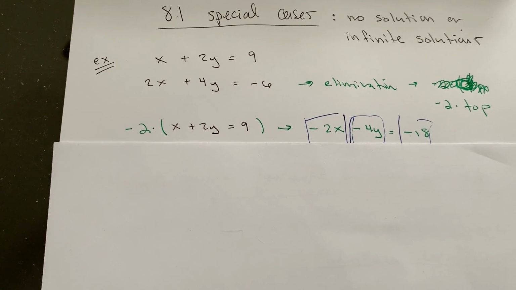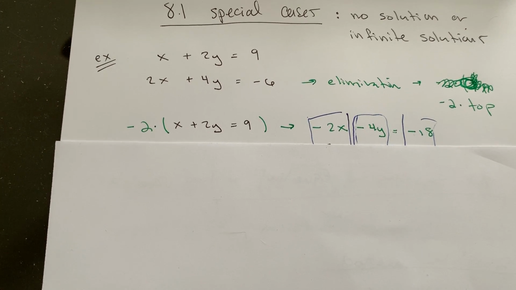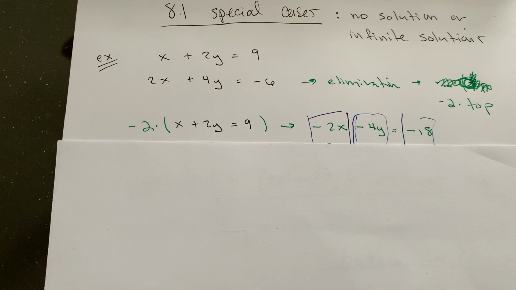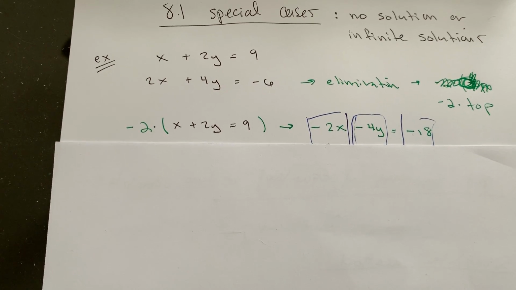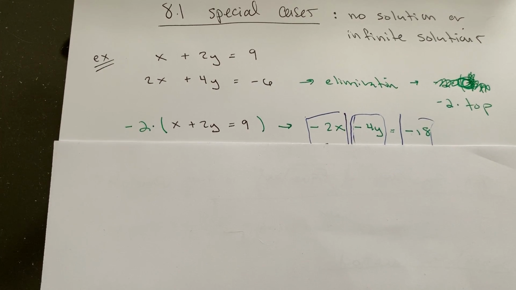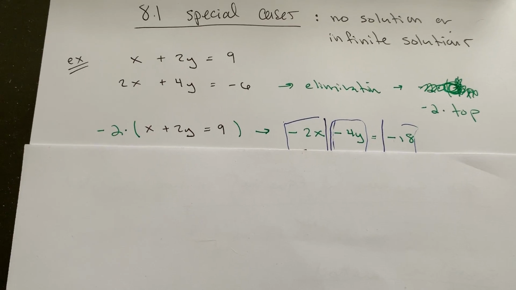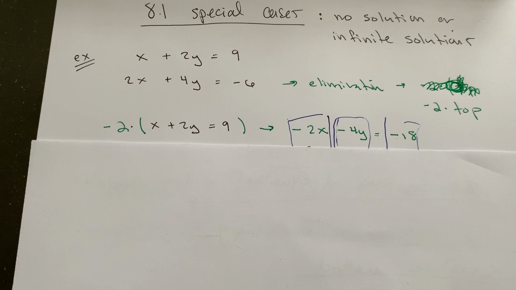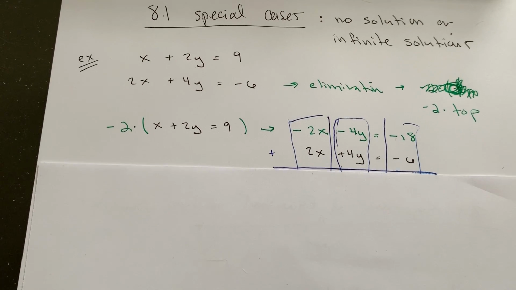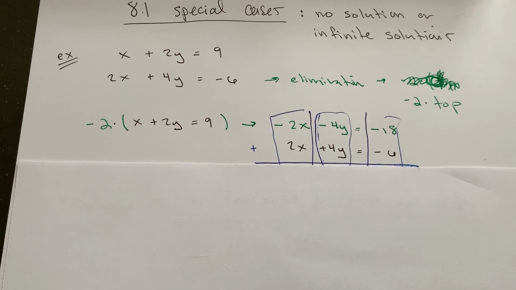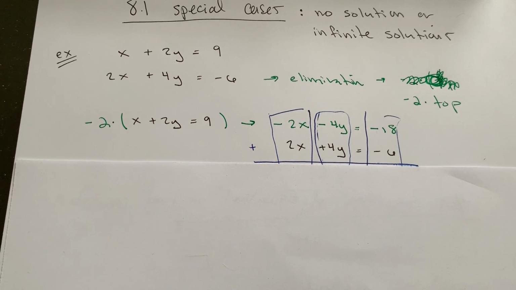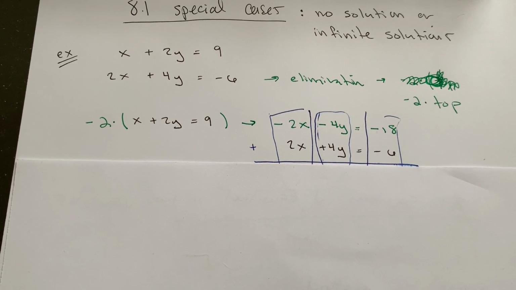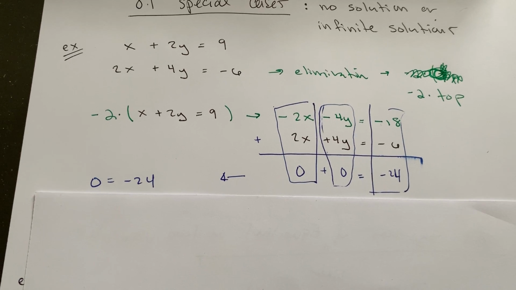So -2 times x plus 2y equals 9 would be -2x minus 4y equals -18. Just multiplying everything in that top equation by -2: -2x, -4y, -18. We're just going to rewrite the second equation underneath, 2x plus 4y equals -6, and then I'll add them up.